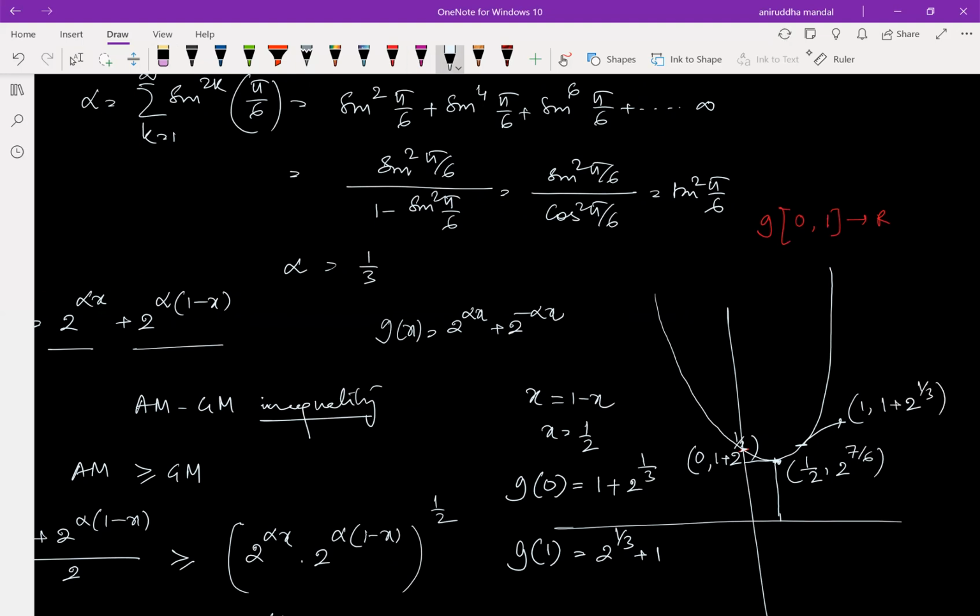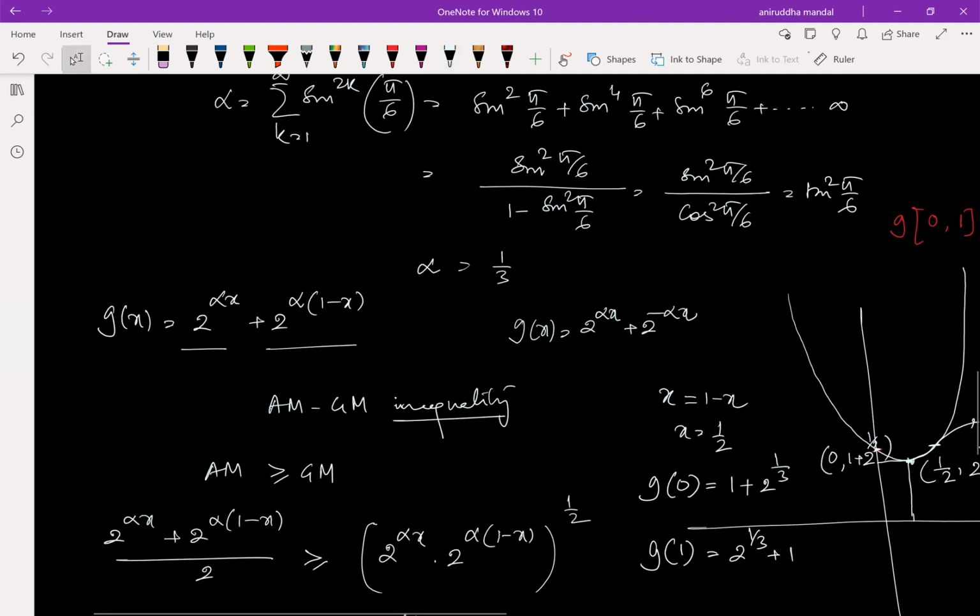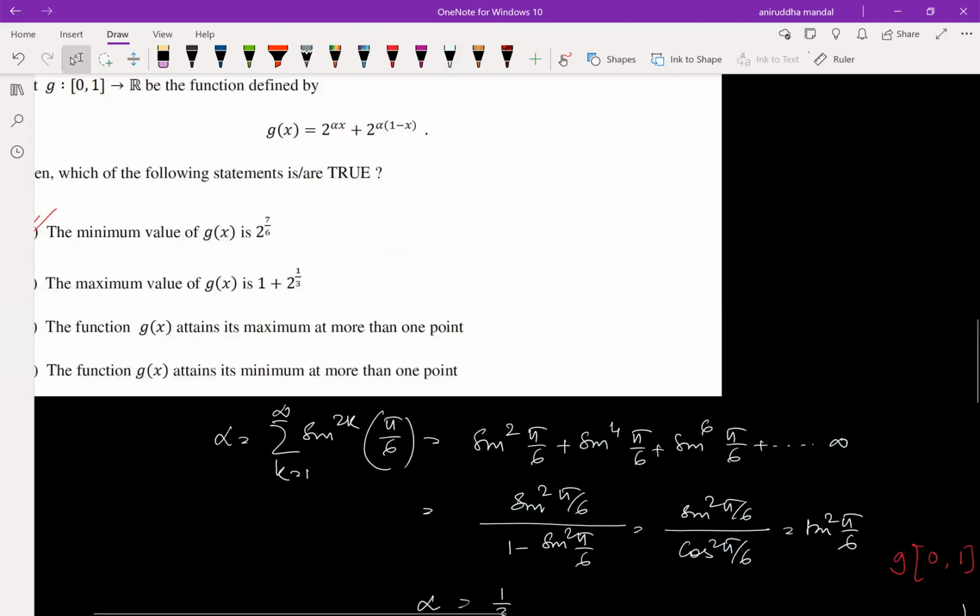From the graph it is clearly seen that this is an increasing function from x equal to half to x equal to 1, and a decreasing function from x equal to 0 to x equal to half. So which means it attains two maxima. So multiple maxima is correct.